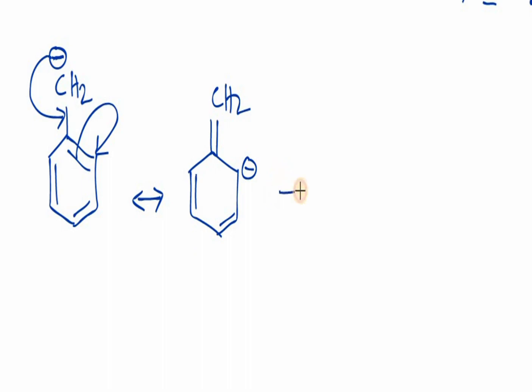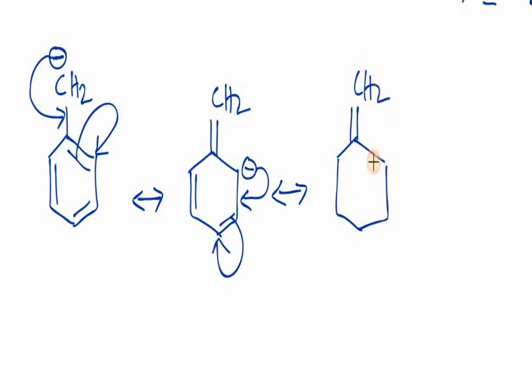And next, again the same process: the negative charge will form the bond, and this multiple bond will form the negative charge here, so that the double bond will become a single bond. So bond here, negative charge here, and here one double bond. And next, one more resonating structure I can write: lone pair to bond pair, multiple bond to single bond.